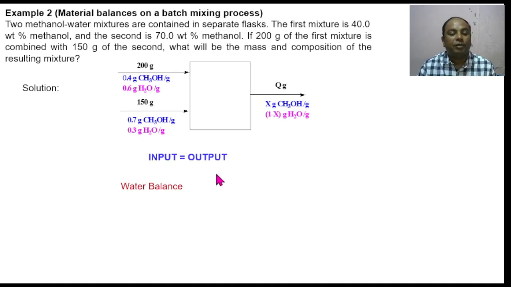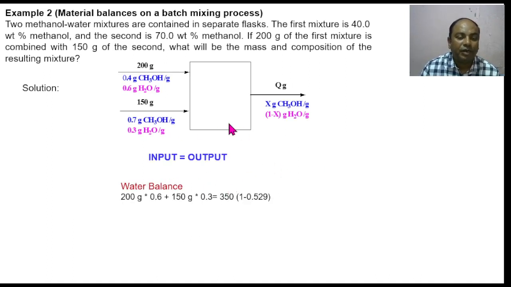So here we will find the water balance. Similarly, you can make the calculations as you have done for methanol. 200 gram of mixture multiplied by the mass fraction of water in the mixture gives the amount of water present in the 200 gram, plus 150 gram of mixture multiplied by 0.3, the mass fraction of water present in the 150 gram mixture, which gives the mass of water present in 150 gram of mixture.